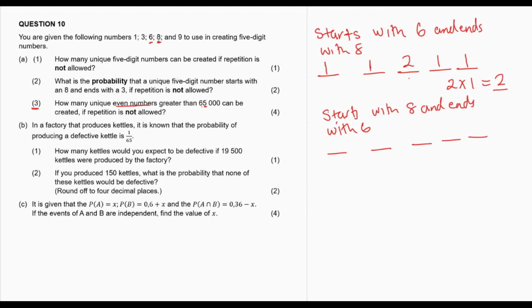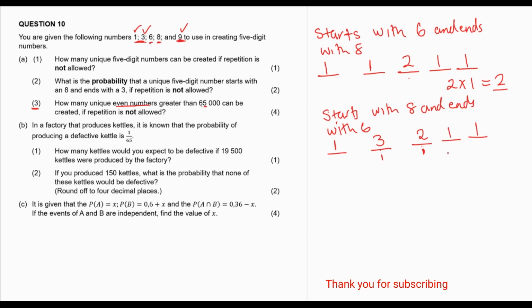Starts with an 8, we only have one choice there. Then ends with a 6, we only have one choice. The second number can be any of these three. So the second slot we have three choices. If one of these three numbers goes to the second slot, then we are left with two choices for the third slot. And then if one of the numbers goes here and the other goes here, you're left with one choice for the fourth slot.